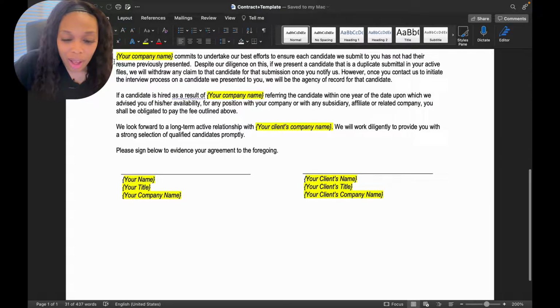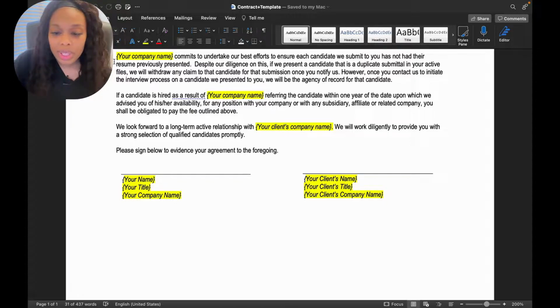Our next clause here is really focused on duplications in terms of the recruitment process. And when I say duplications, I mean that you have submitted a candidate that this particular client has maybe already talked to or is already in conversations with.